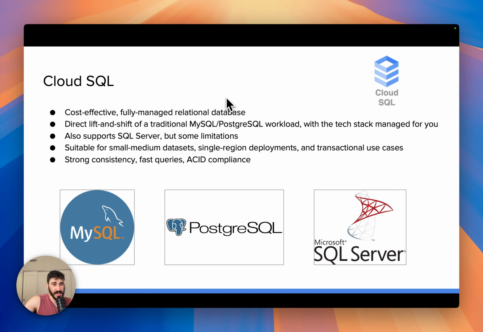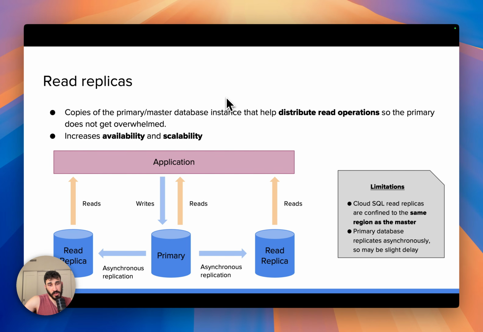Its queries are very fast, but it's not good for analytics. And if you're coming from MySQL, PostgreSQL, or SQL Server, Cloud SQL is a good option. So if a question on the exam mentions a team migrating their PostgreSQL or MySQL database, where should they put it? Cloud SQL could be part of the solution. So look out for it.